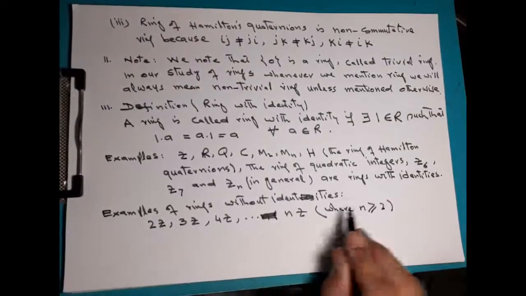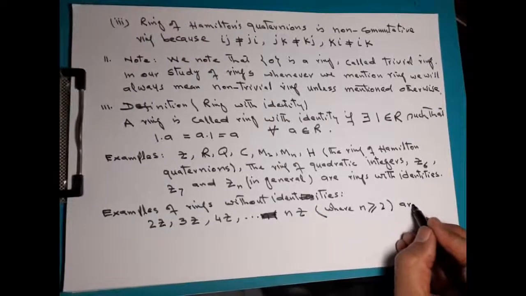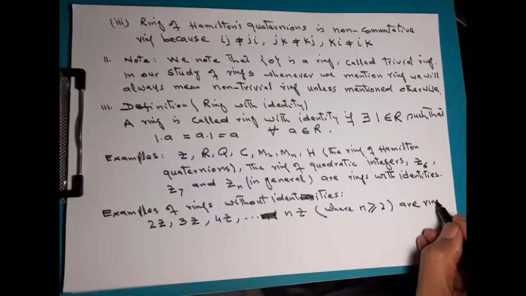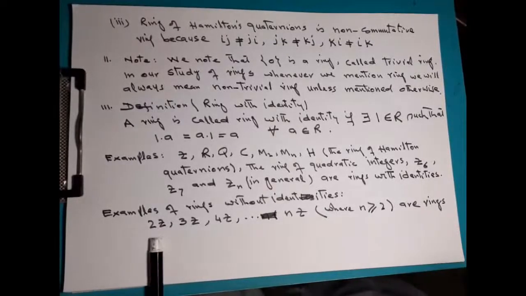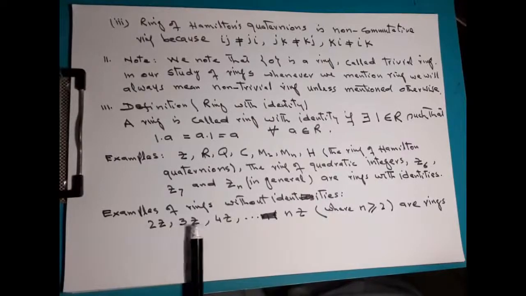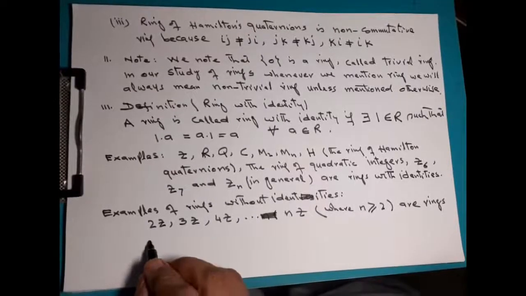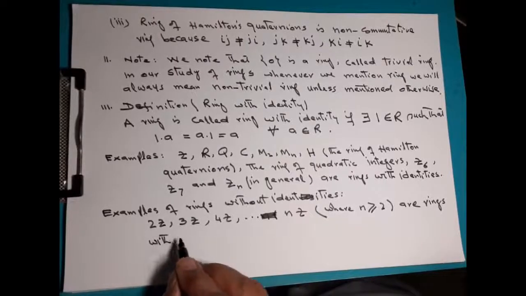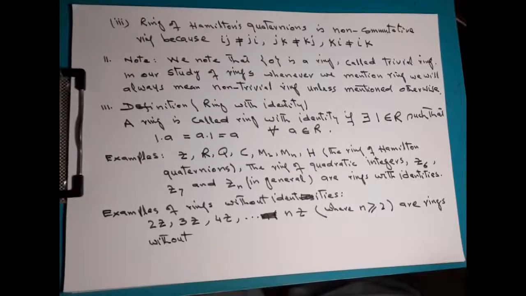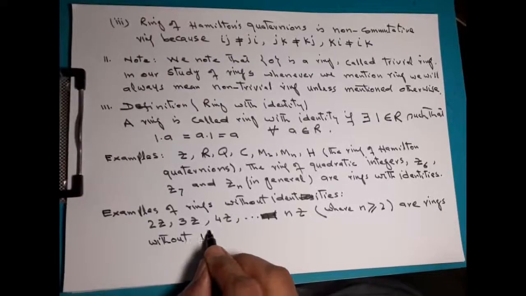These rings are rings without identity because the multiplicative identity is not present in 2Z, not present in 3Z, not present in 4Z, not present in nZ if n is greater than or equal to 2. And I mention it again, when we say identity, we mean identity with respect to multiplication, multiplicative identity.